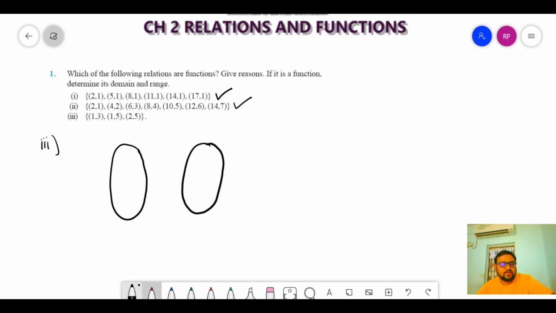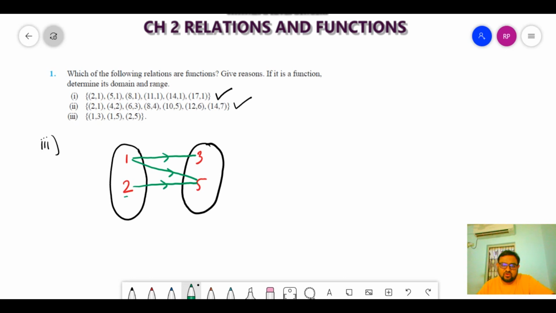The elements in the domain: I will have 1, again 1, so I will not repeat it, and 2. Then 3, 5 in the codomain. Now see, when I draw the relation, 1 is related to 3, 1 is also related to 5, and 2 is related to 5.